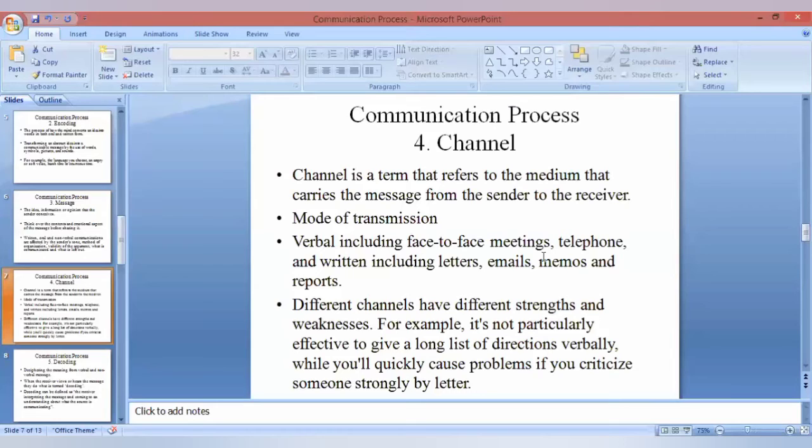So, as I said earlier, different channels have different strengths and weaknesses. Before choosing a channel, you must consider different factors, like cost, urgency, and secrecy as well. Keeping in view these factors, you may choose an appropriate channel that is suitable to both sender and recipient.